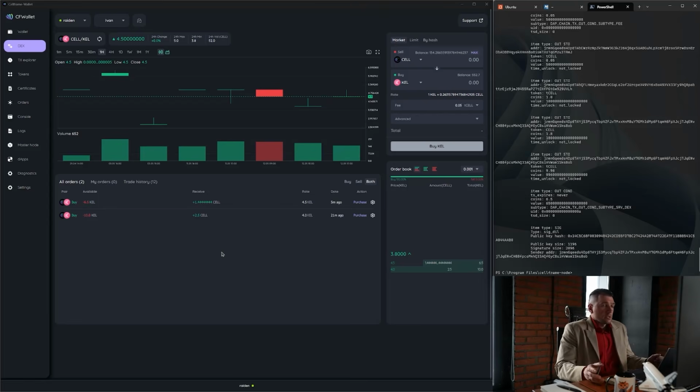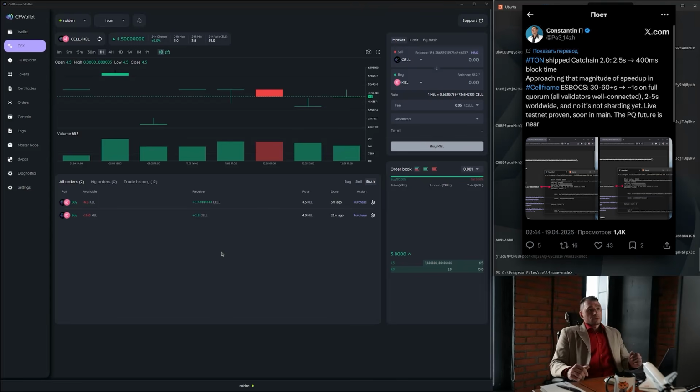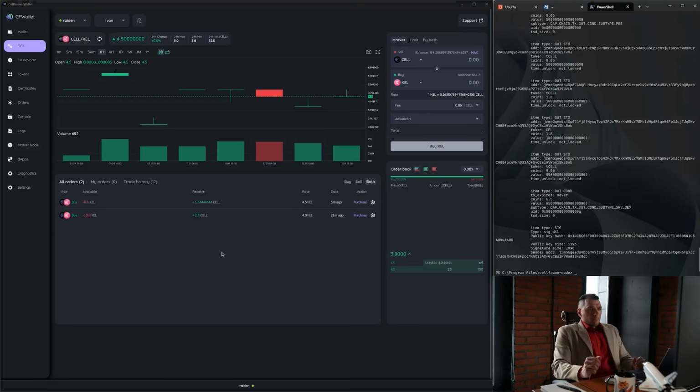But this is not a fixed ceiling, of course, as I mentioned recently on my X. We are optimizing the consensus performance with the goal of moving toward sub-second block time in a well-connected network. And since one block can contain more than one transaction, it implies that TX acceptance time will also become less than 1 second. And that should reduce the DEX latency as well.